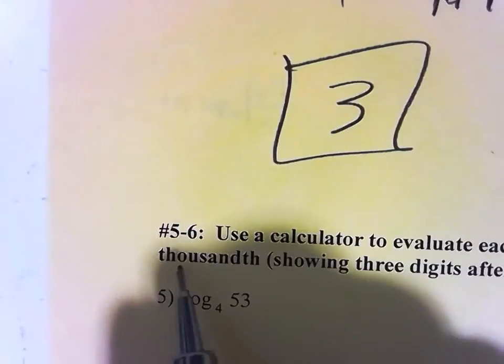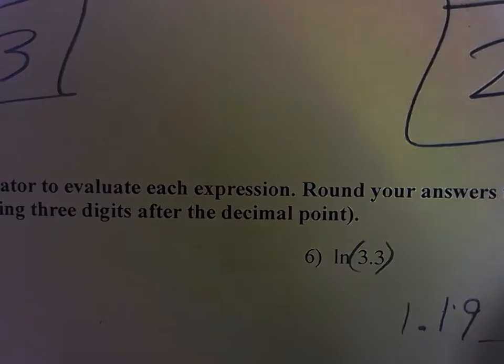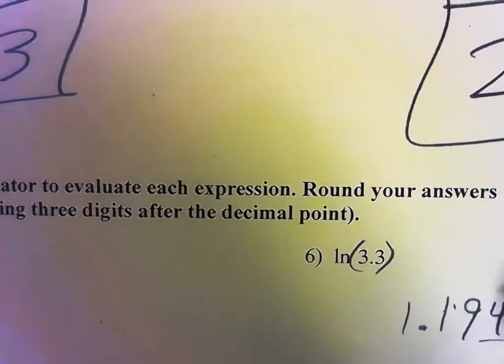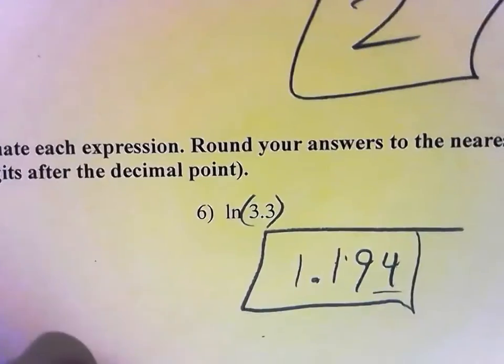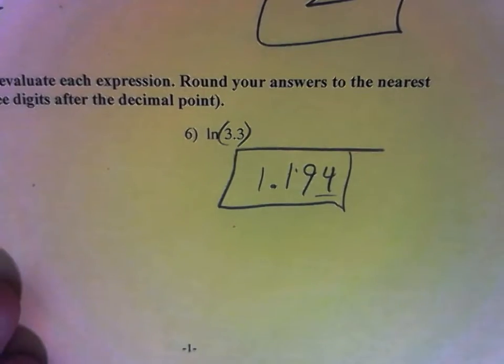I need 3 decimals because it says the thousandth, so tenth, hundredth, thousandth place. So this is the last number. It's a 3, but it will round up to a 4 because it's 39. Hopefully that makes sense. 1.194.